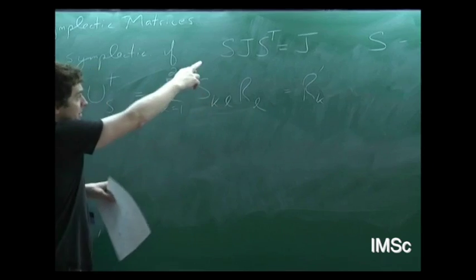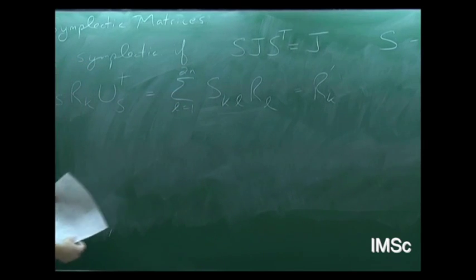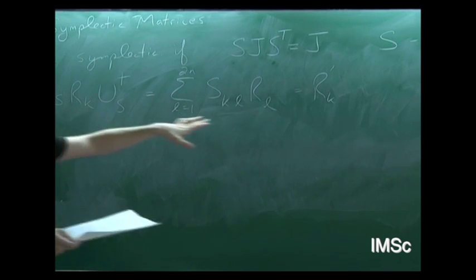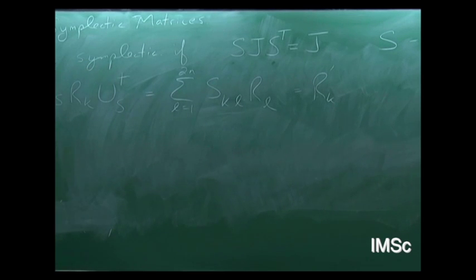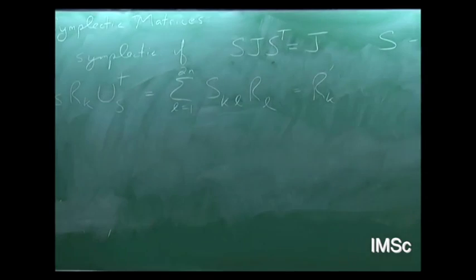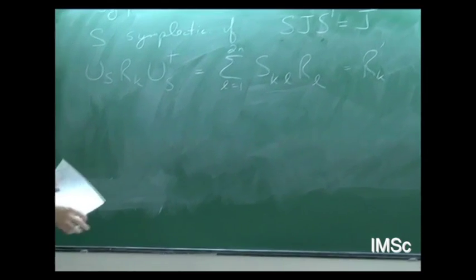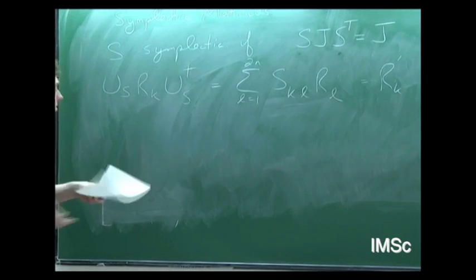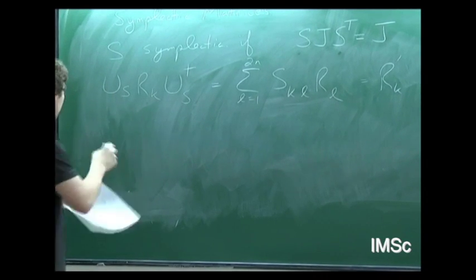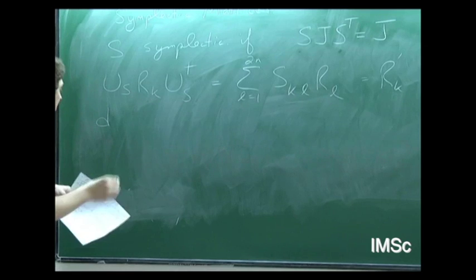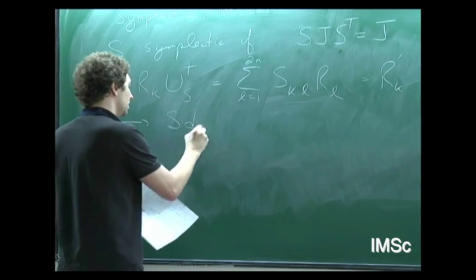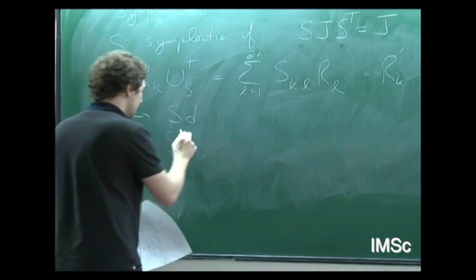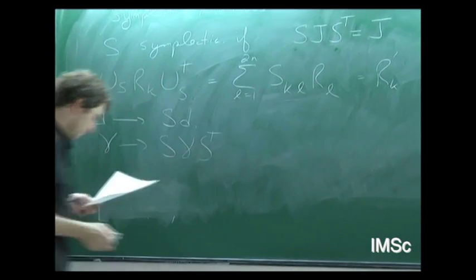And the purpose of this constraint on the symplectic matrix is just that these new Rk primes also satisfy the canonical commutation relations that the original R's did. And when we apply this unitary on the quantum state associated with a displacement d, it maps that displacement to S times d. And the covariance matrix gets mapped to S gamma S transpose.